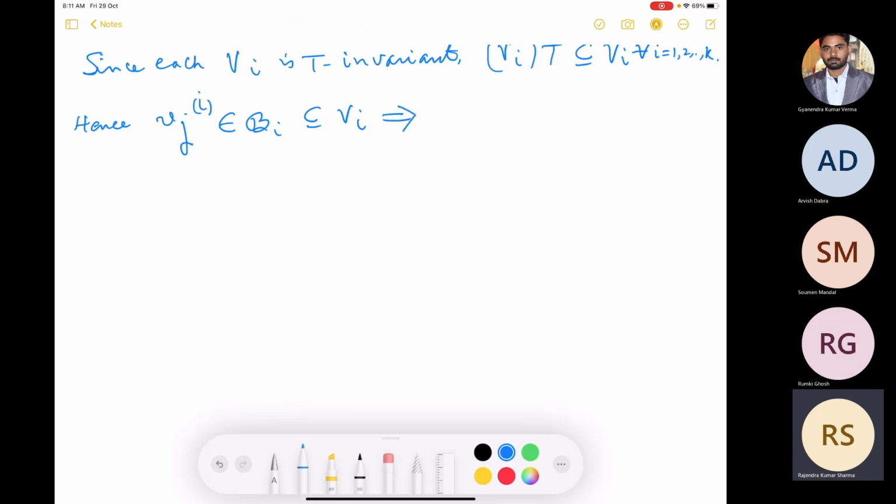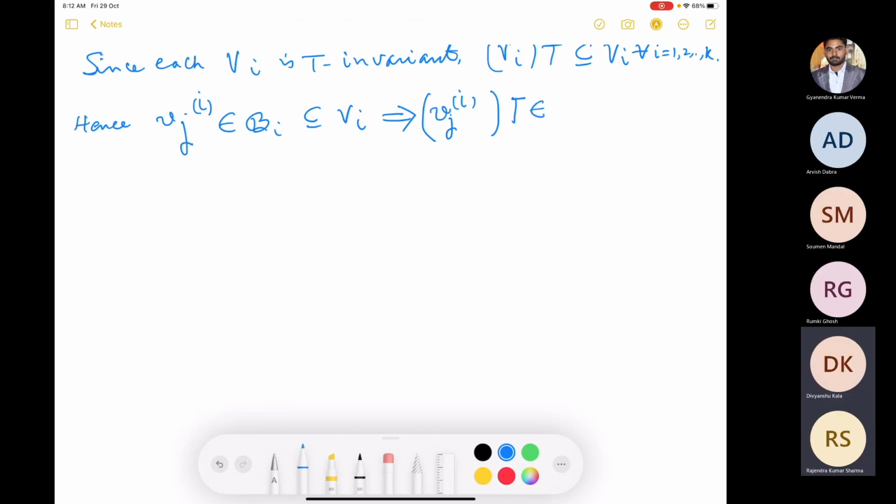And this therefore under T will still remain in the linear span of Bi. So if you take T of this, this belongs to ViT, and ViT is contained in Vi, and this is the linear span of Bi.